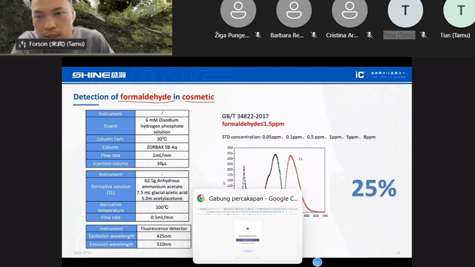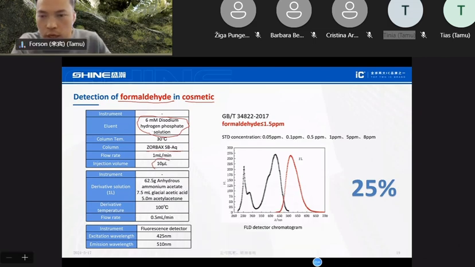Also, I didn't set up the instrument here because I just checked the standard and found the method is here. The method uses this column that they marked, and only injects 10 microliter. And the derivatization here has a reaction temperature of 100 centigrade, flow rate 0.5.